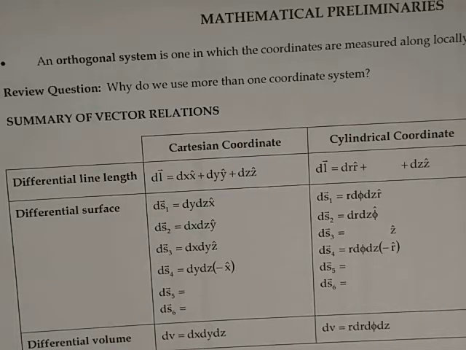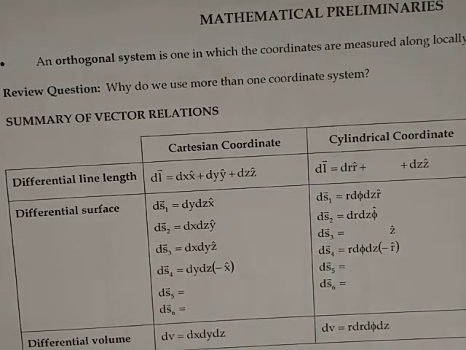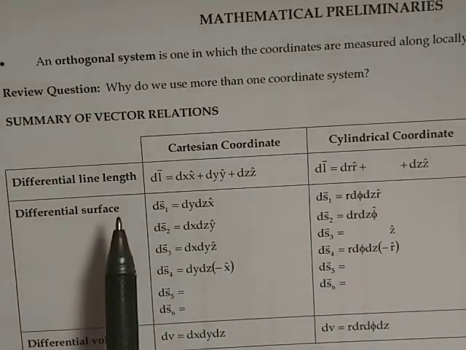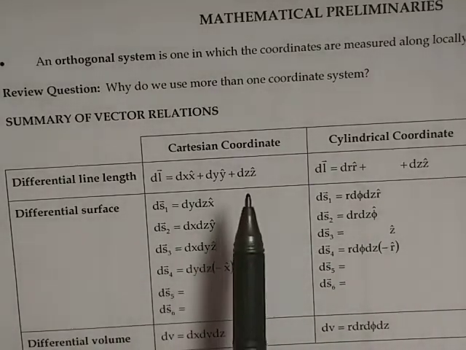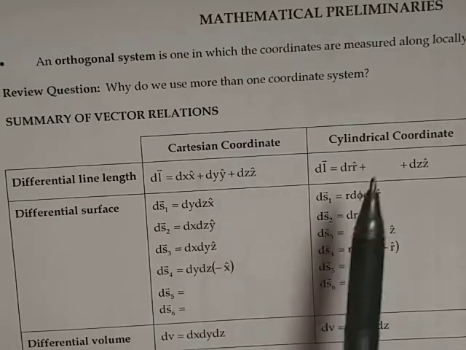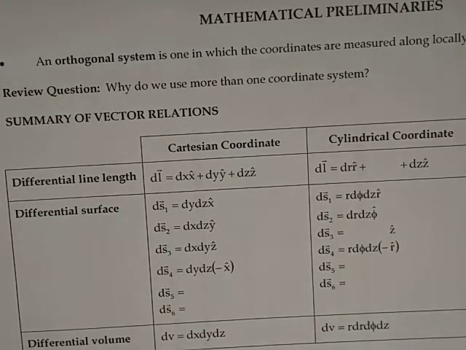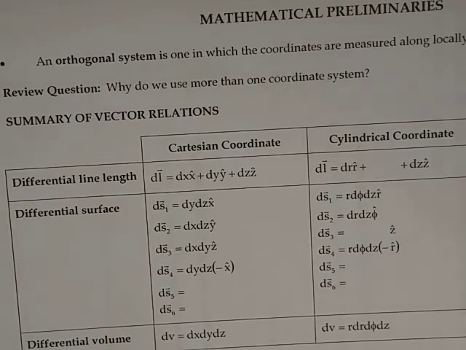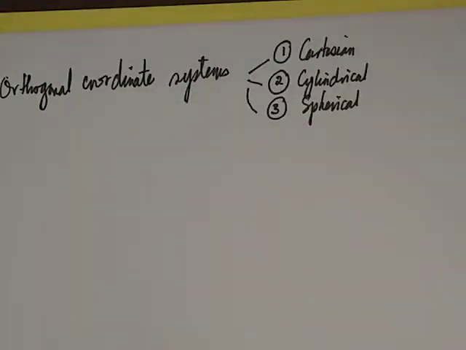This table is a summary of the differential length, surface, and volume for the Cartesian, cylindrical, and spherical coordinate systems. We need to fill in this table because this information is very crucial for us later on when we want to solve our EMT problems. That is the second objective, to fill in the blanks in that table.